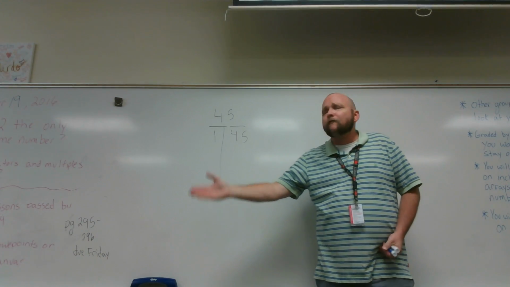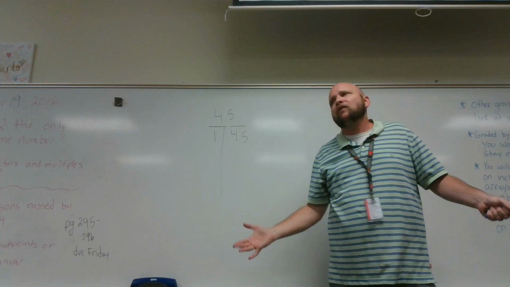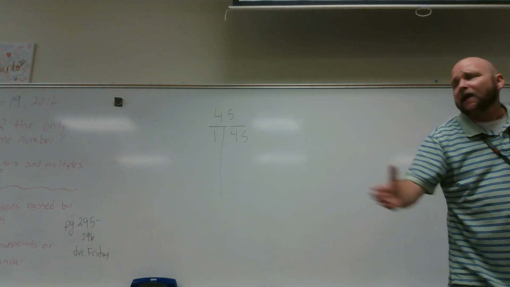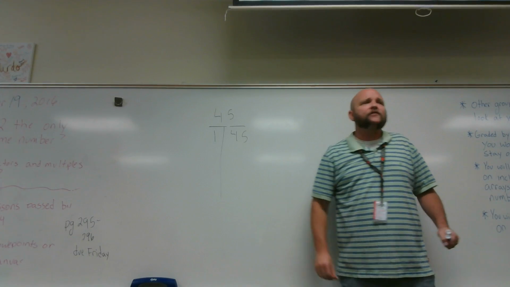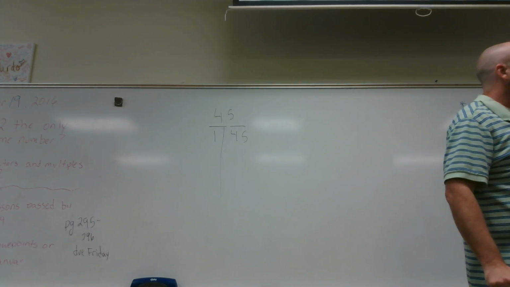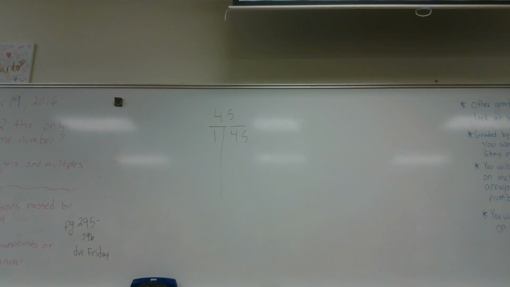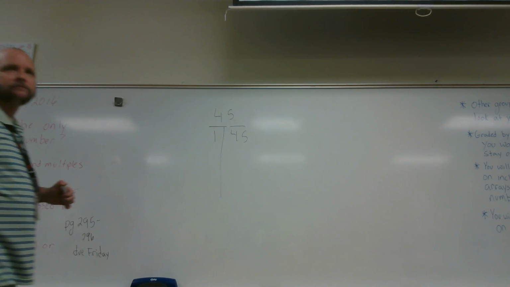All right. Our rule for 3, and since you don't have it out, I'm just telling you, is if the sum of the digits of your number add up to a multiple of 3, your number is divisible by 3. Now the word sum tells us we're doing what? Addition. So what is the sum of the digits 4 and 5? 9.